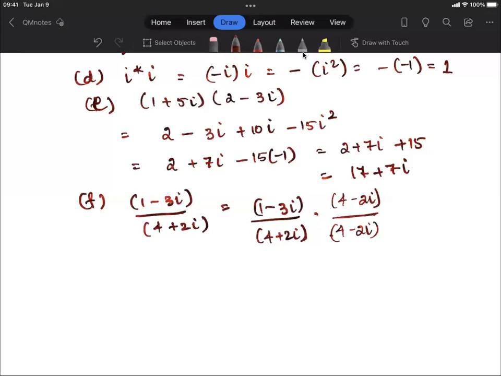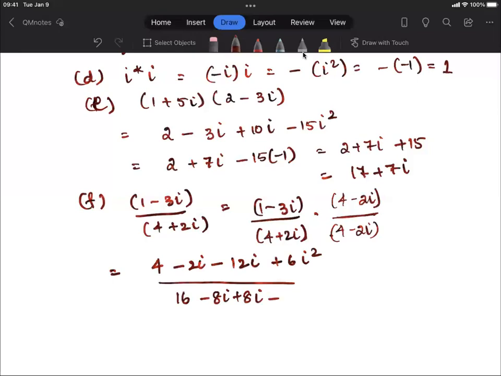imaginary parts. So this will be numerator 4 minus 2i minus 12i plus 6i squared divided by the denominator, you just have 16 minus 8i plus 8i minus 4i squared. This gets canceled.